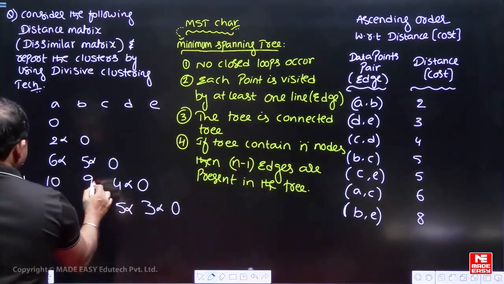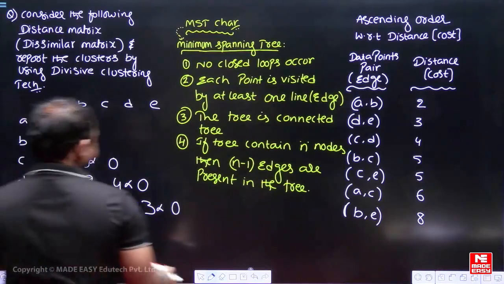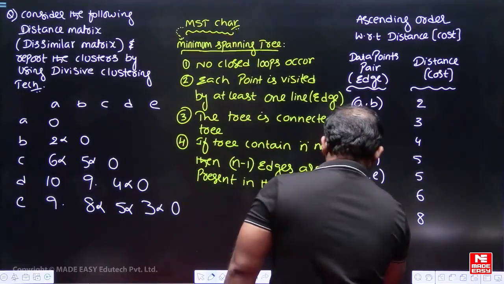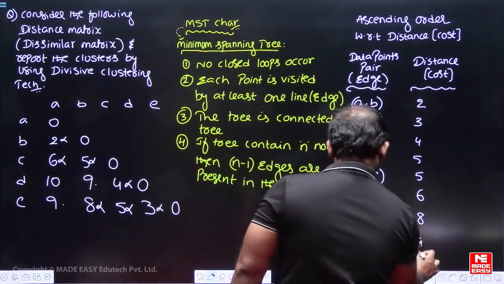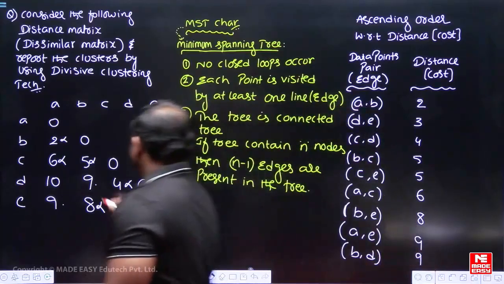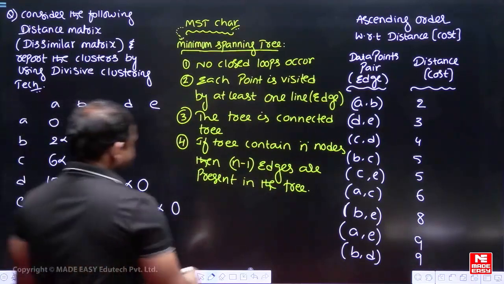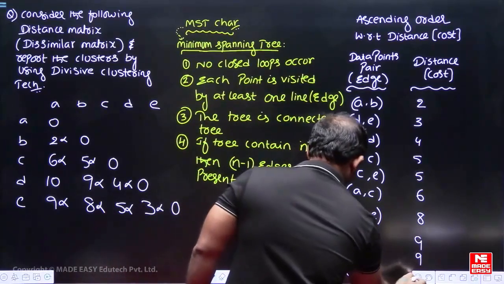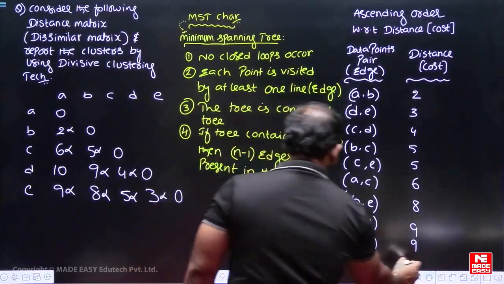Next 9. A and E and B and D. This cost is 9. After that A and D, cost is 10.